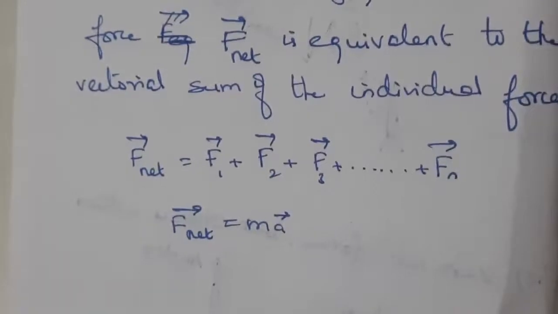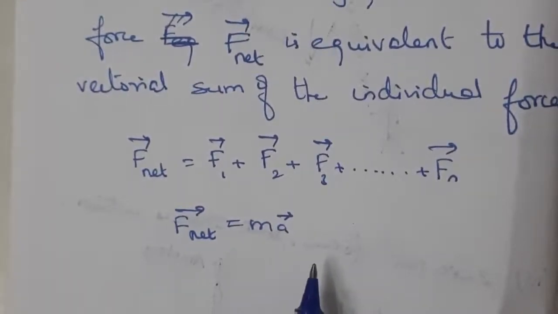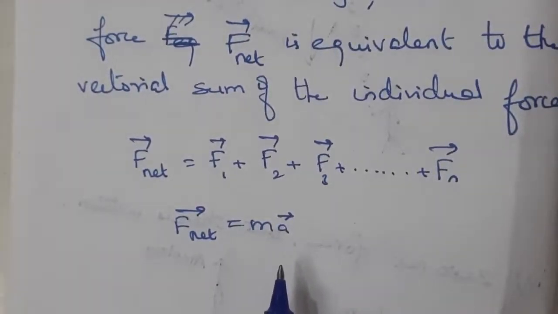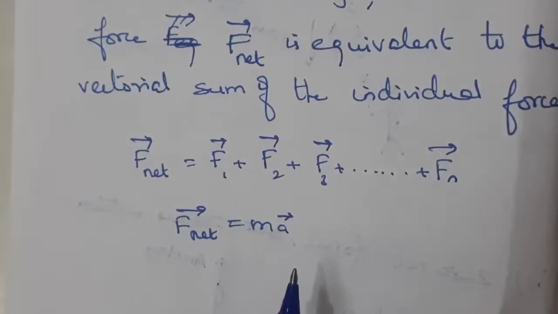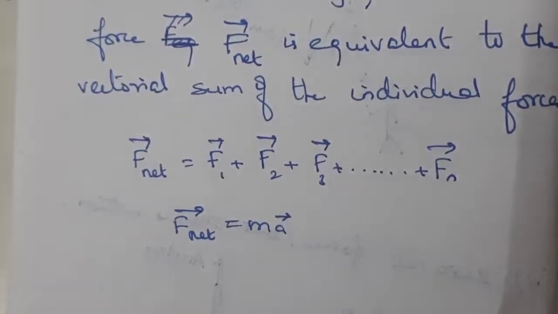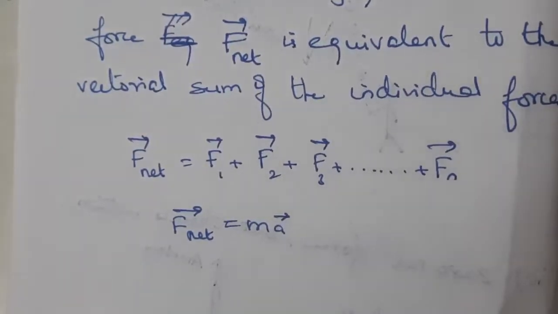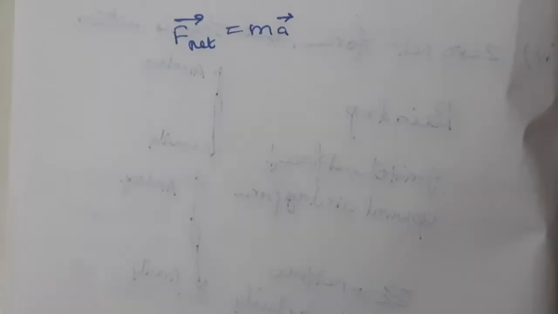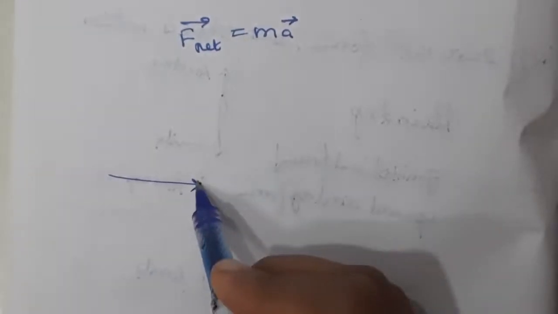F net is equal to ma vector. Already I said Newton's laws are vector laws, so they should obey vector addition. For example, consider the forces acting at a particular angle. This is one force and this is another force.